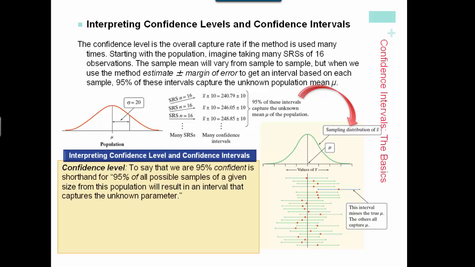To say that we are 95% confident is shorthand for 95% of all possible samples of a given size from this population will result in an interval that captures the unknown parameter.